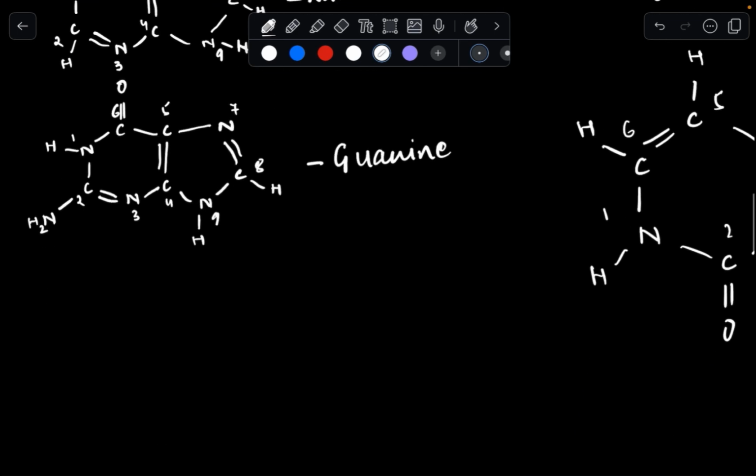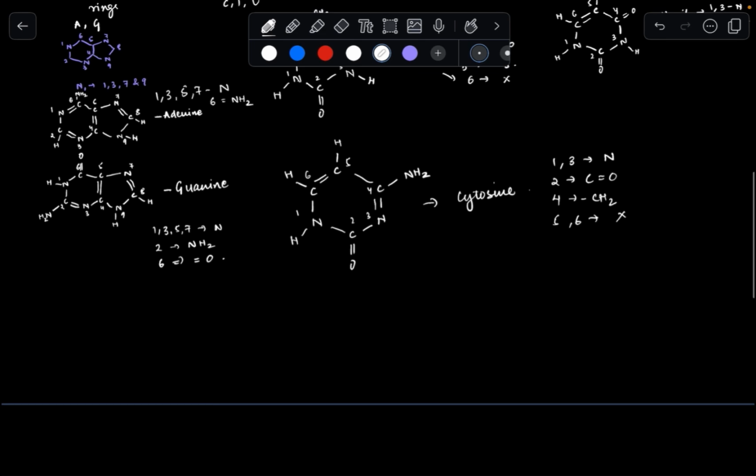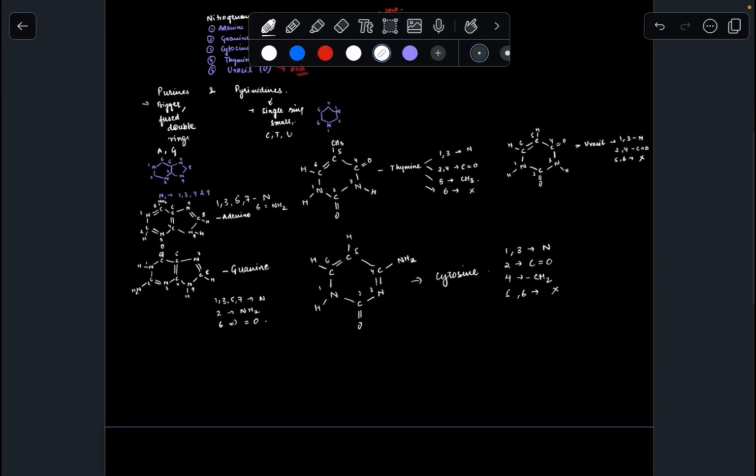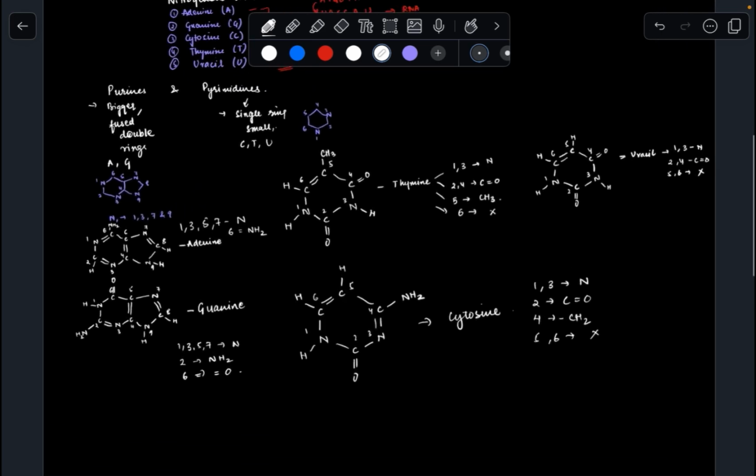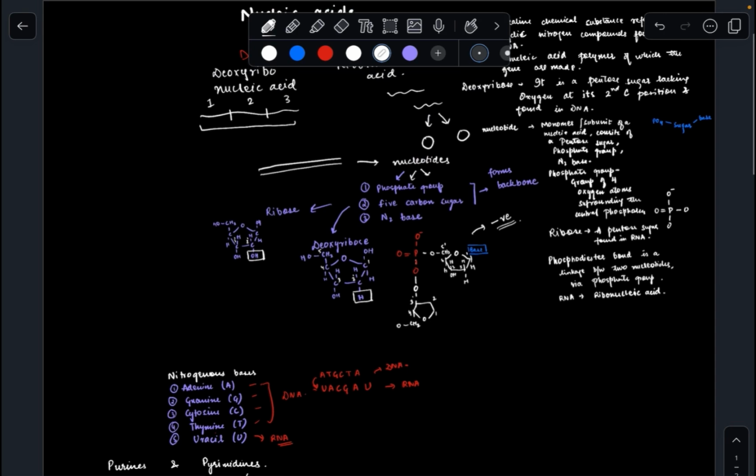And in guanine 1, 3, 5 and 7 have nitrogen. On the 2nd position we have an amine, and on the 6th position we have a double bond O. You can remember like this. And yes, this was all about the structures of purines and pyrimidines and the nucleotides.